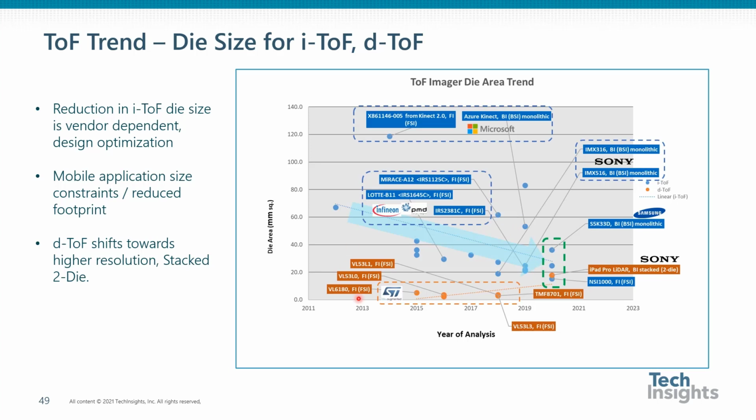For STMicro, for direct ToF, their SPAD sensors are a small footprint sensor, and those were aimed for proximity sensors, mobile applications, so space restrictions. Although with time there is an increasing demand on resolution, and we see the Sony LiDAR that has just been introduced has a greater resolution, and therefore also a greater die size.